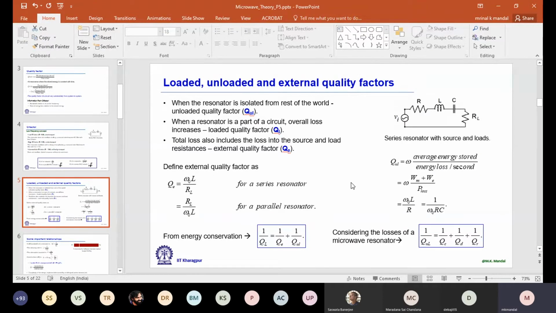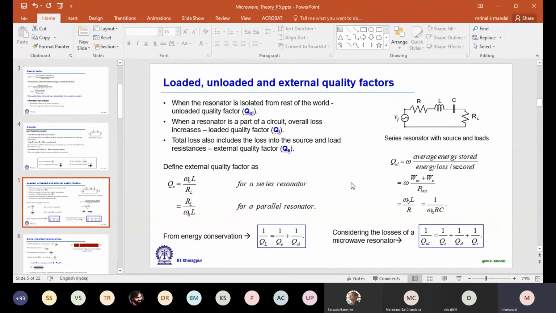So the main point is that here we don't have any coupling or any connection with other components. It is the isolated resonator, and it is the property or the characteristics of that resonator.